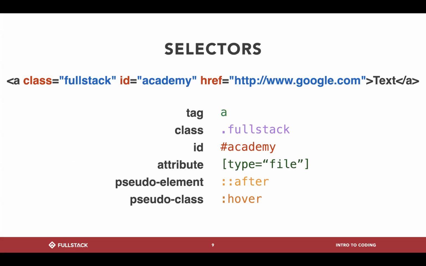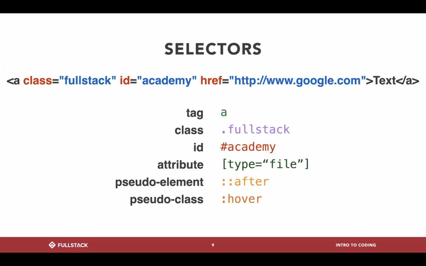So this tag basically says all links, any link, apply the style to. We also have classes, right, which we talked about last night, a certain group of elements with this attribute class. And the way that we write that is by adding this dot before it.